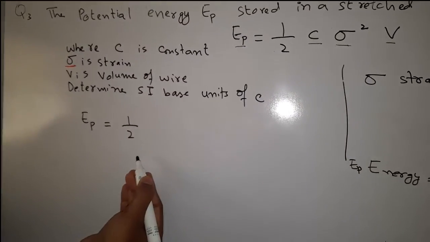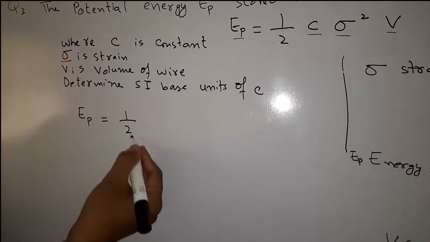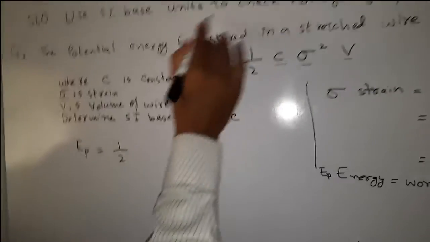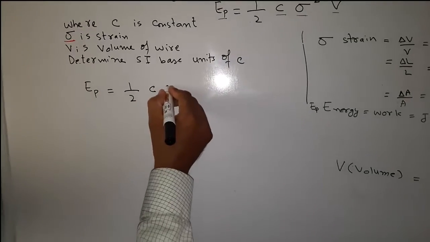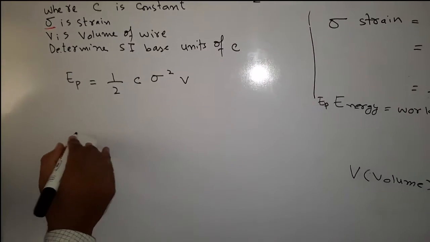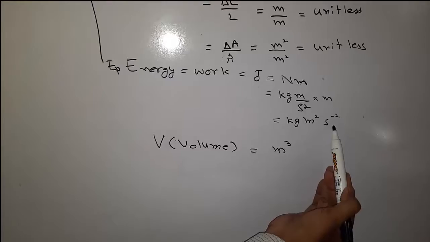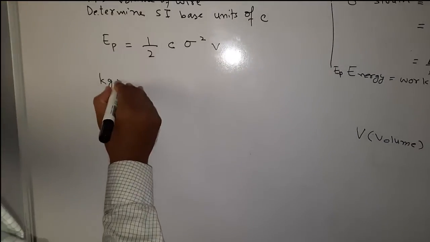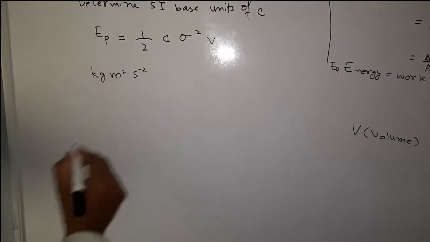half, which is unitless. In the case of homogeneity of a physical equation, numbers do not take part because we are only dealing with units for the homogeneity. So half C sigma square V. So EP we are going to write as kilogram meter square per second square, S minus 2.